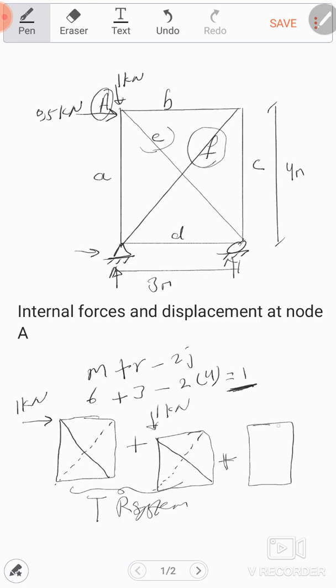The other part is when I release this member F, I should substitute the force equal to 1 kilonewton. Here 1 kilonewton and here 1 kilonewton. And I call this part the X system. Okay.